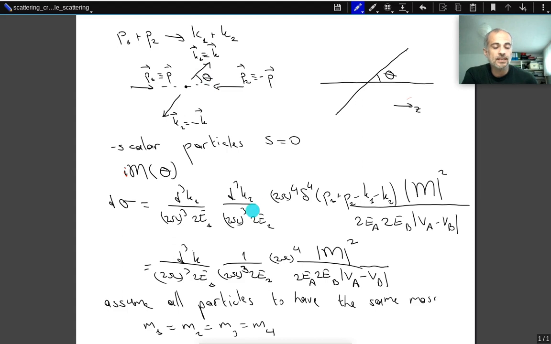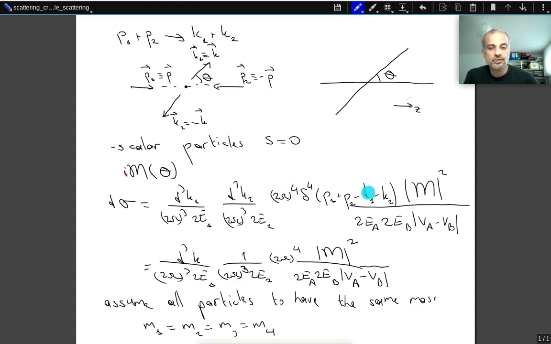And also keep in mind that after we take this d cubed k2 integral, we have k2 equal to minus k, k1 equal to k. So it is guaranteed by this Dirac delta. Without evaluating the k2 integral, there is no restriction on the value of k2.